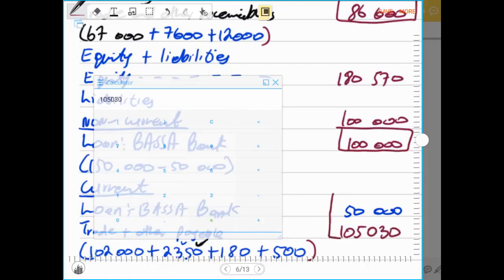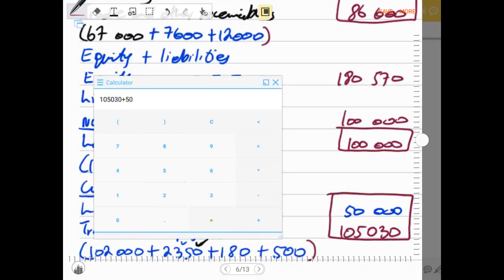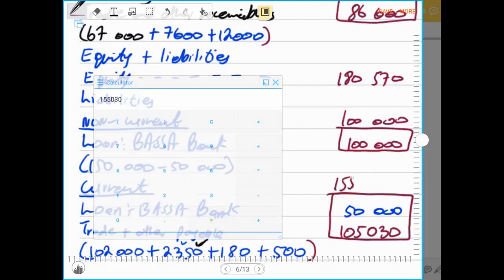Then that will be the total of our current liabilities. Plus 50,000 rands, then it will be 155,030.